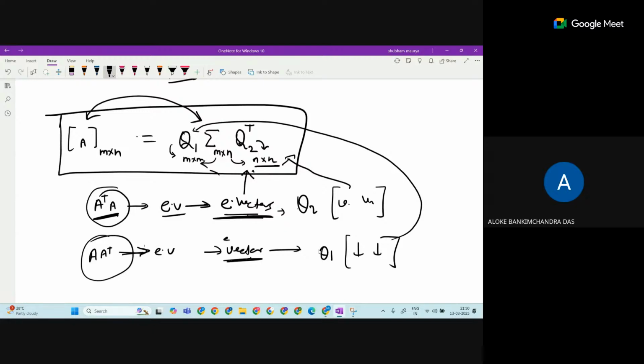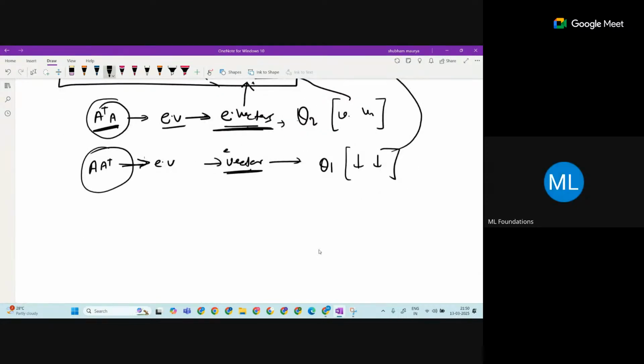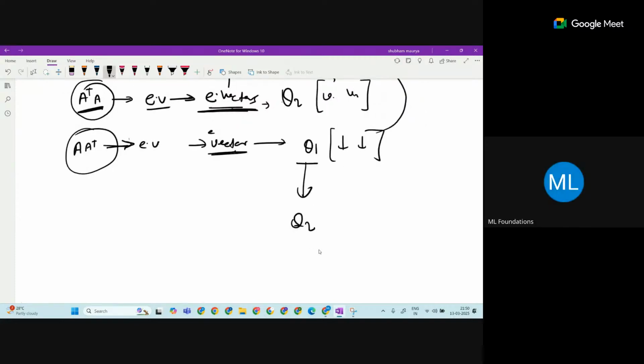Once you have found Q1, this will also help you find Q2, so the steps are automatic. The formula is v1 equals 1 by sigma times the original matrix A into the unit vector u1 that you have already identified.